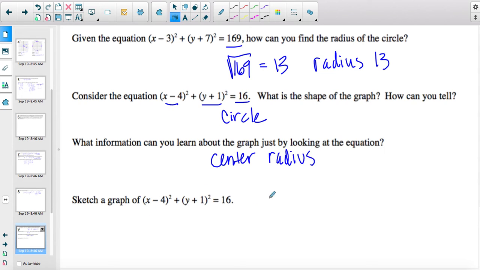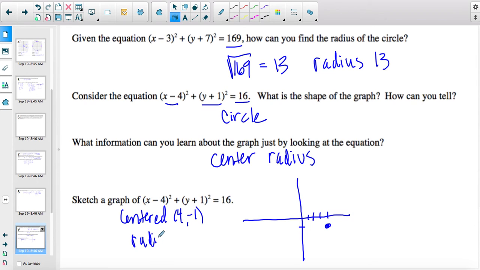If we were to sketch this graph right here, it'd be nice if we had some graph paper, but we'll just wing it. It's going to be centered at (4, -1). So I'm going to go over 1, 2, 3, 4, and down 1. Now it has a radius of 4. So from the center, up and down, I'm going to go out 4, and left and right, I'm going to go out 4. 1, 2, 3, 4.